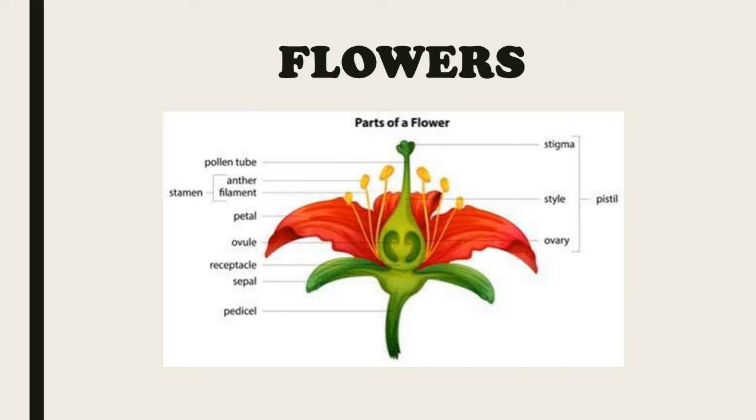The second vegetative part of the flower is petals. Do you know the petals? Petals are the bright colored parts that attract bees, insects and birds. The color of the petals varies from plant to plant.